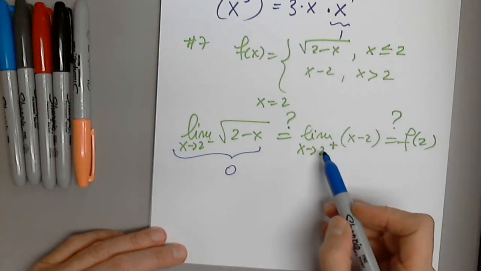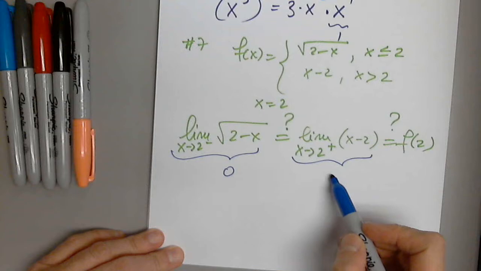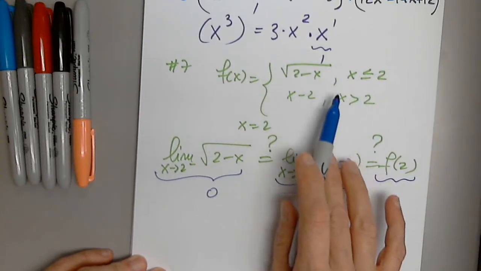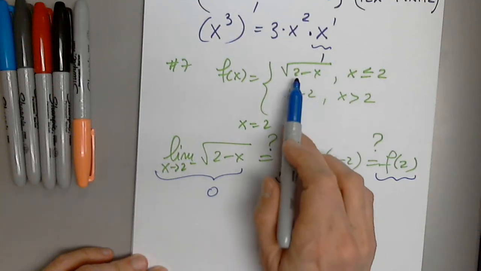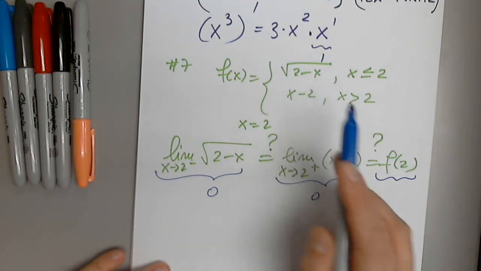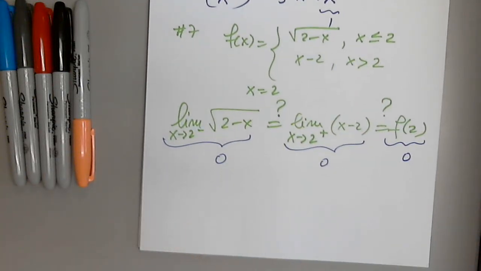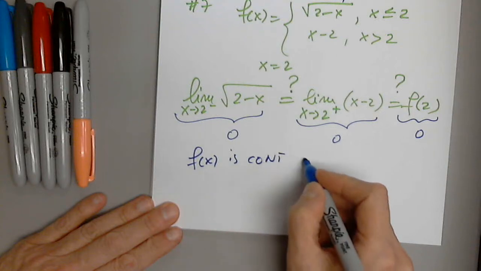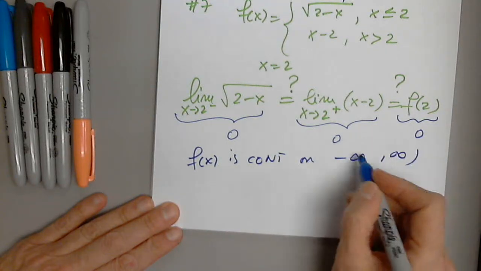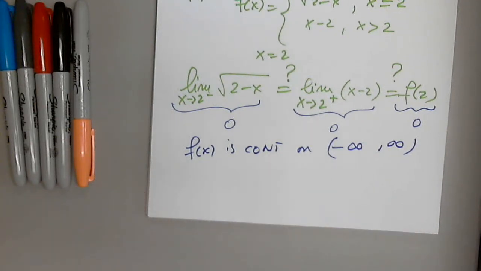And how much is this? 0. And which branch will you use for f of 2? Top or bottom? Very good. 2 minus 2, 0. Since all these 3 numbers exist and they are the same, I will conclude that f of x is continuous on negative infinity to infinity. Everywhere, in other words, including at x equals 2.